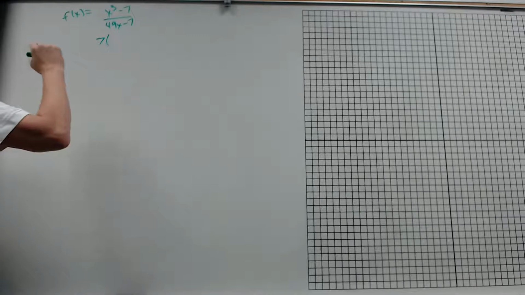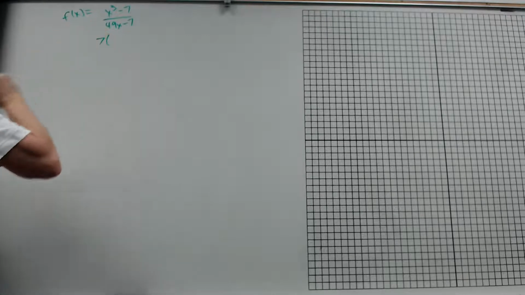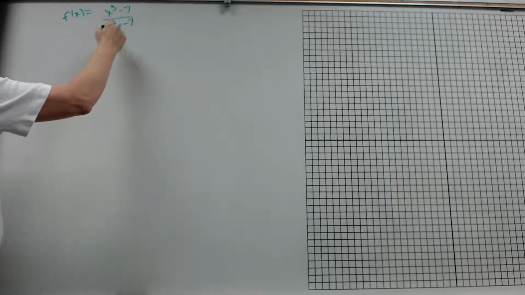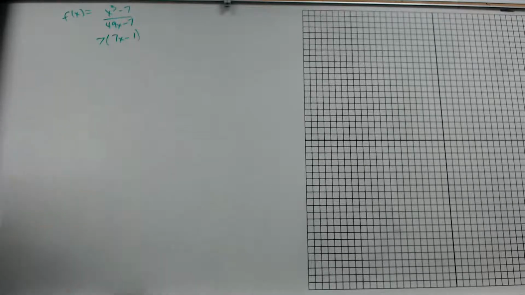How would we do this one? Factor out the denominator, right? I can pull a 7 out and I'm left with x minus 1. Oh no, I can't. Yeah I can. 7 times (7x minus 1), right? Okay.